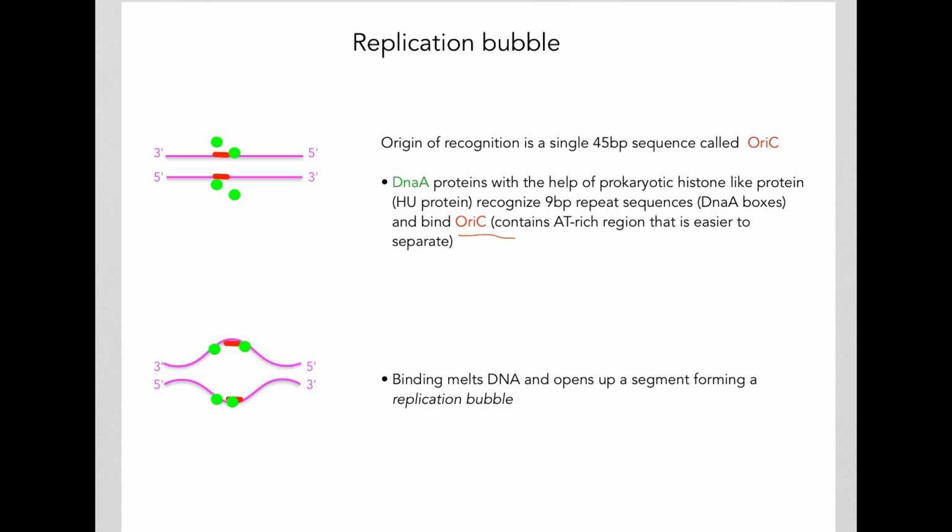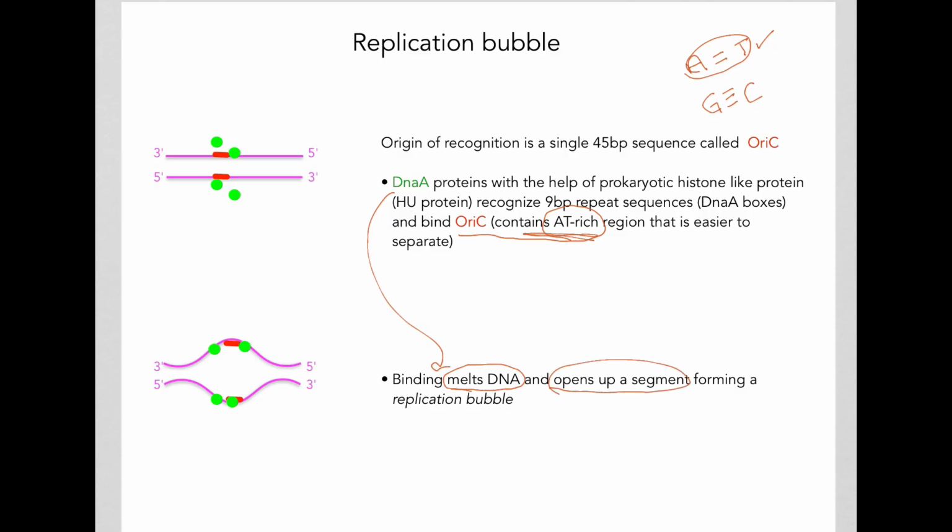Now, ORI-C is very rich in AT sequences. So remember, A hydrogen bonds with T with only 2 hydrogen bonds, compared to G, which uses 3 hydrogen bonds to bind with C. So clearly AT is a weaker interaction. So because the ORI-C is rich in AT, it's a weaker region, and that allows the DNA A protein to bind and melt the ORI-C area much easier because it's weaker, and this opens up the ORI-C segment.